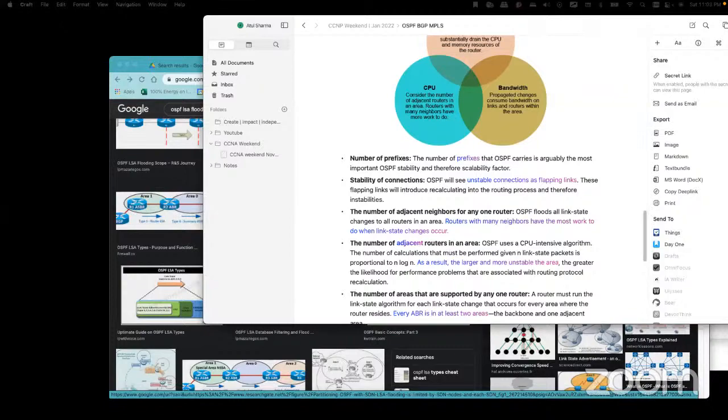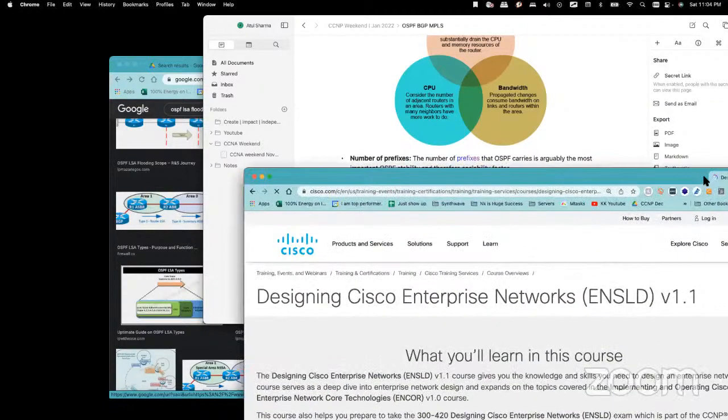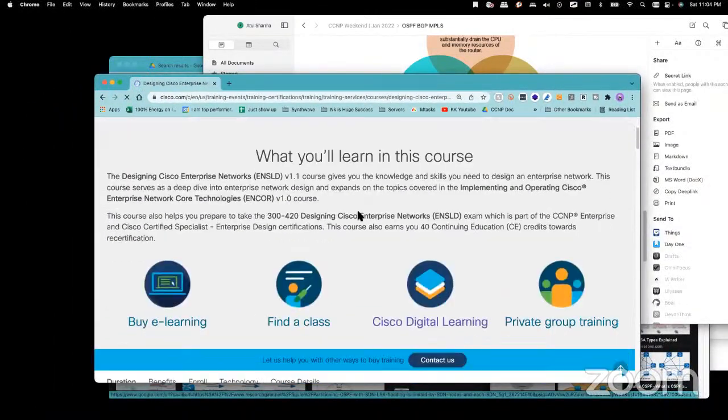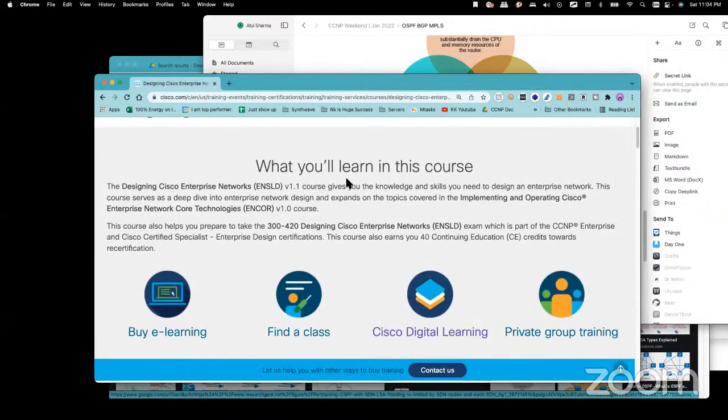This module is also a part of CCNP Enterprise, if anybody wants to go into the design parts.